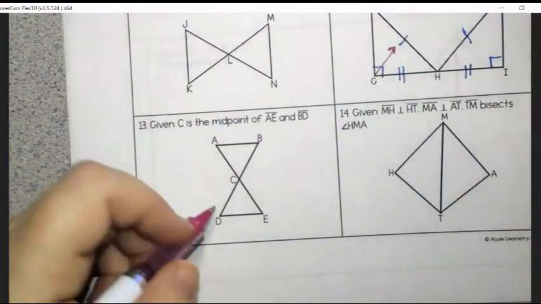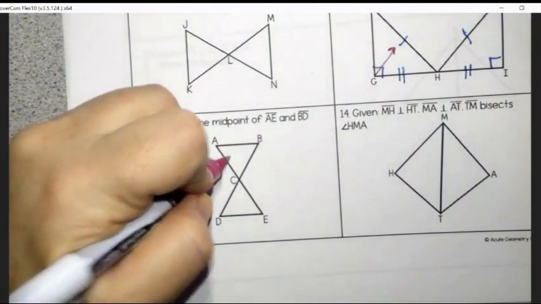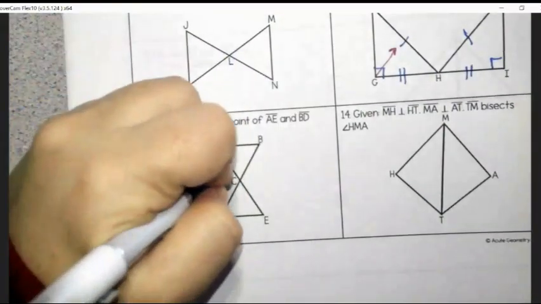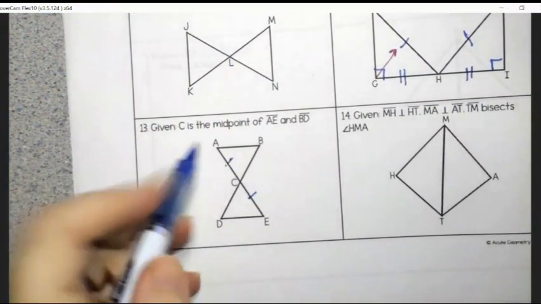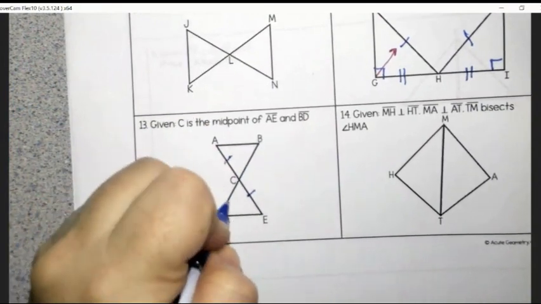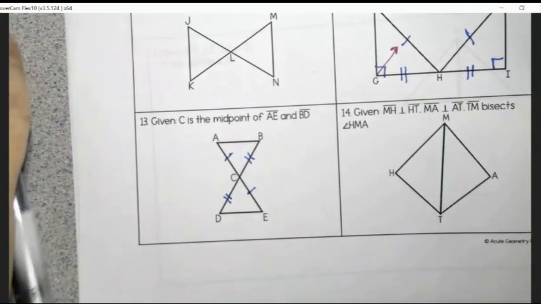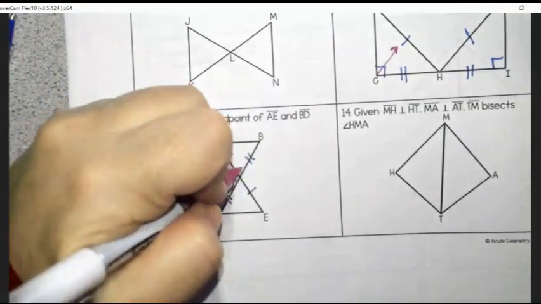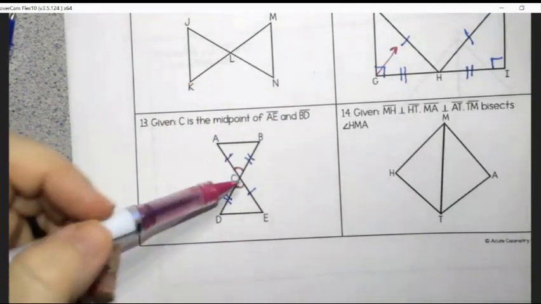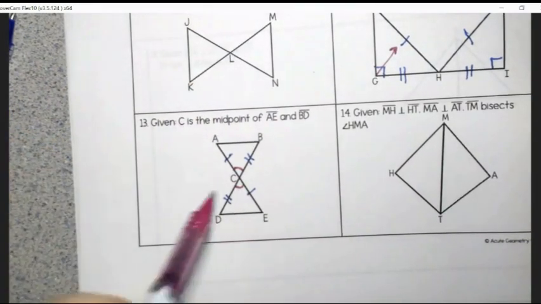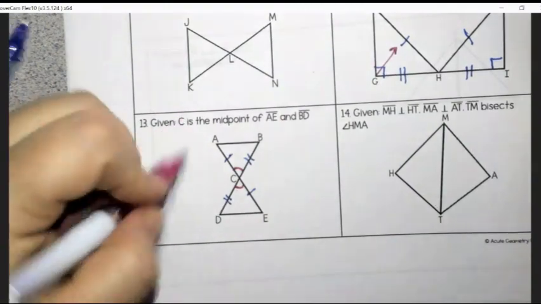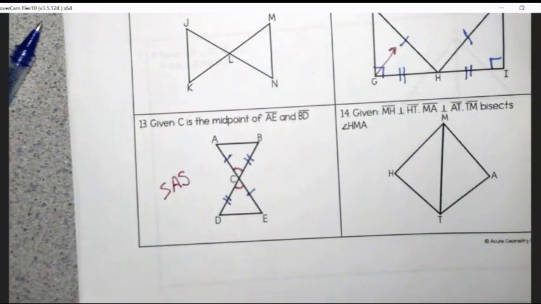If C is the midpoint of AE, that means this and this are congruent. C is also the midpoint of BD. That means those two are congruent. And then I can tell it looks like a bow tie, so we have that marked. Okay, we have 2 sides and an angle. The angle is in between the 2 sides, so this is side angle side.